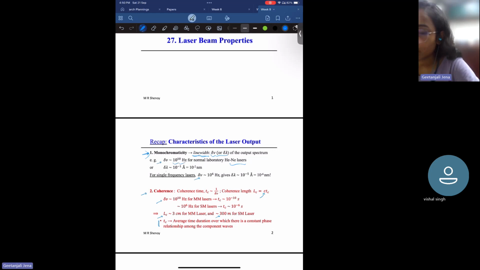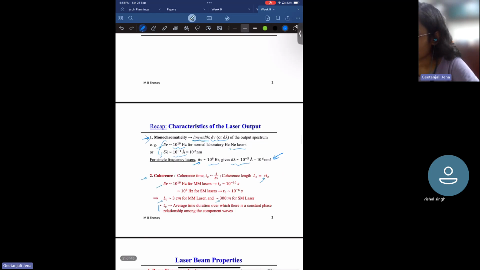If you calculate the delta lambda corresponding to this delta nu, it will come around 10 to the minus 1 angstrom. And for a single frequency laser, delta nu is around 10 to the 6 hertz and delta lambda is around 10 to the minus 6 nanometer. So you can see how narrow the line width is for this laser.